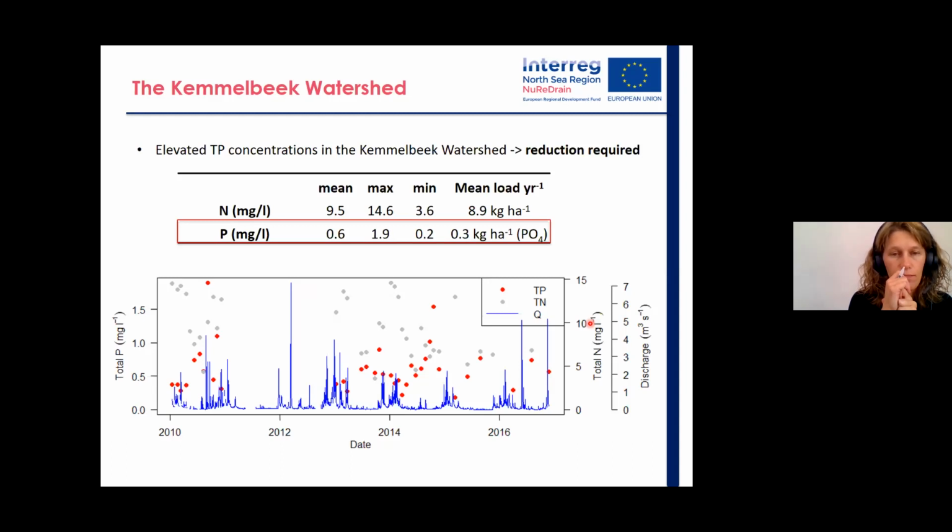And so we have a very, very large reduction potential for phosphorus in the waters of the Camelbak Watershed.